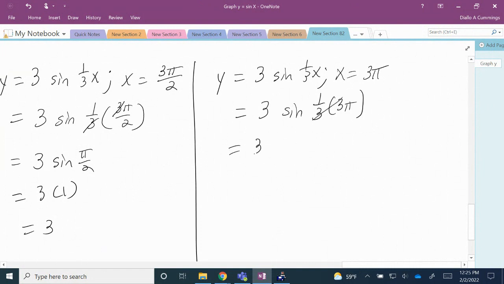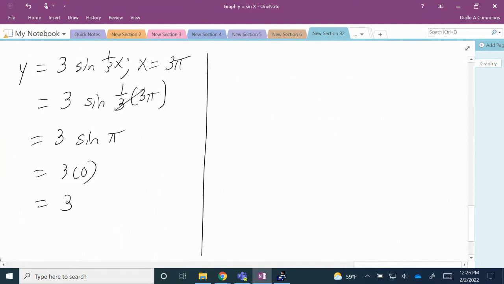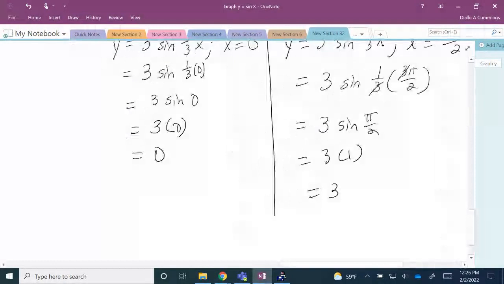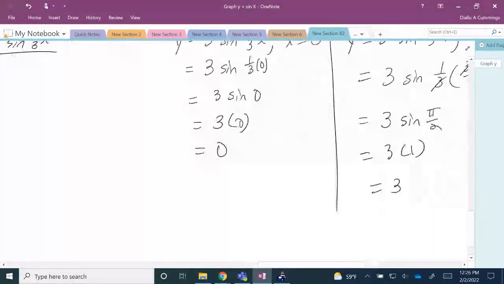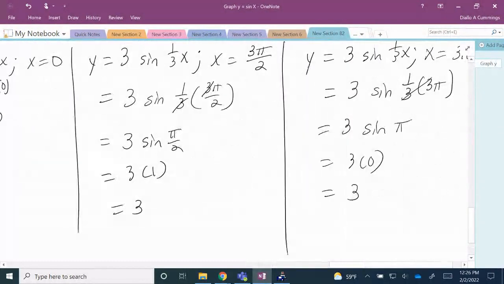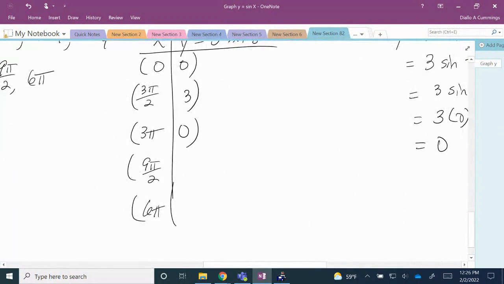Notice that the 3's cancel. We have 3 times the sine of pi. From the unit circle, the sine of pi is 0. So we have 3 times 0, which is 3. Excuse me, that's 0. I'm sorry. It should be 0.